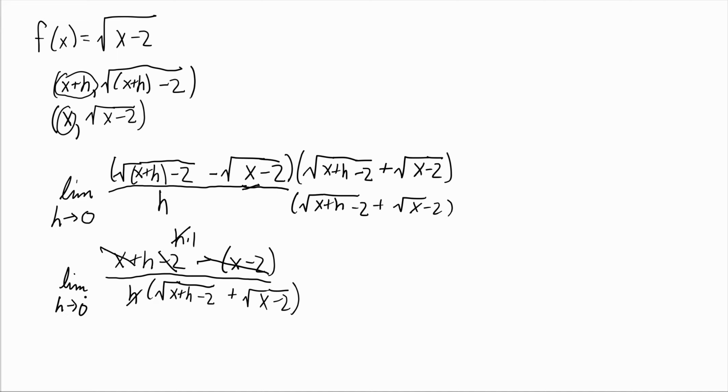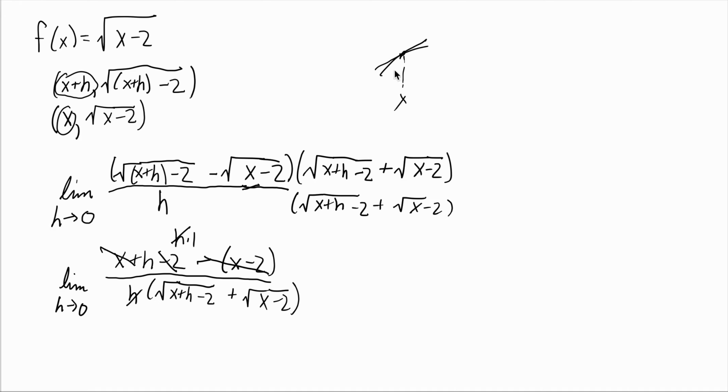Now notice that we don't have a domain issue, so we can throw in 0 for h, keeping in mind that h is the variable of this limit. X is a constant with respect to the limit. H is what's changing here. X is like a fixed constant point temporarily, as we're thinking about the slope right at one particular x value.